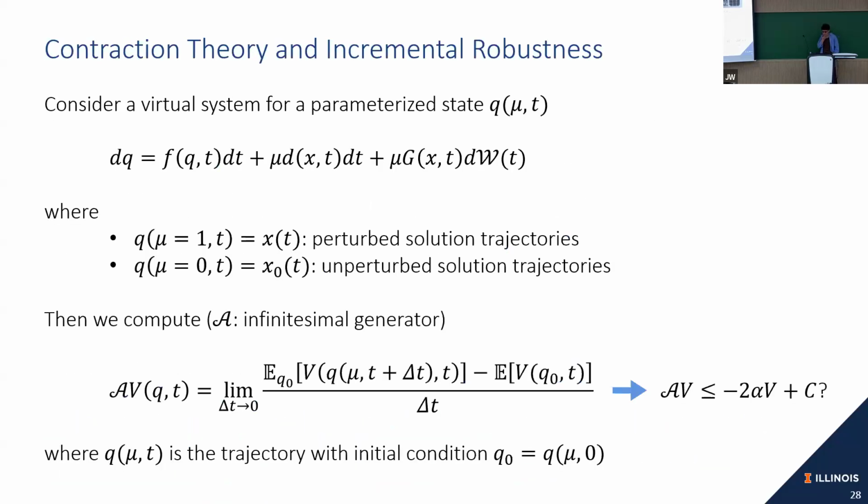Anyway, what we do is analyze the time evolution of this kind of distance, right? If you remember, we were talking about distance, and the matrix basically defines a distance. And we consider what we call the virtual system. At the very beginning, we had a figure showing the distance between two systems, the ideal system and the current system.